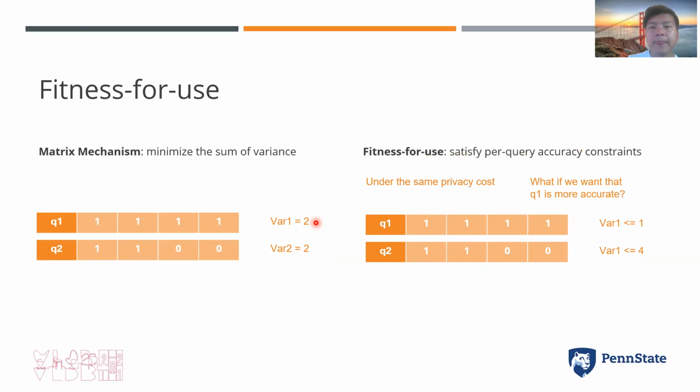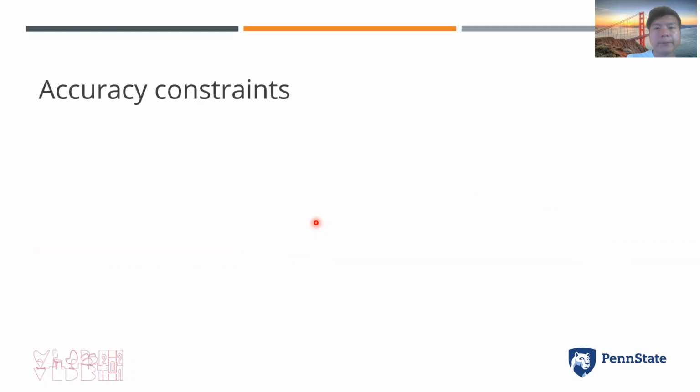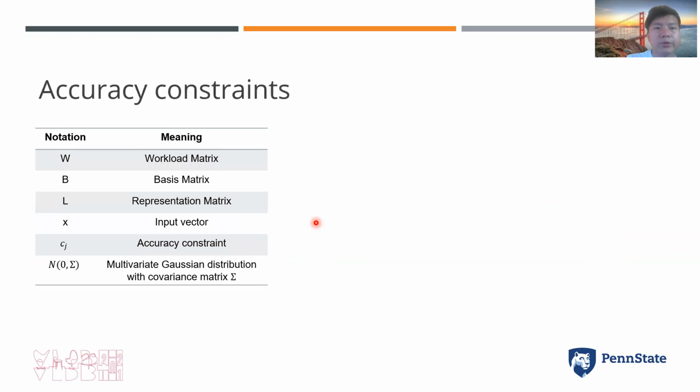So that comes to our fitness for use problem. It will satisfy per-query accuracy constraints. And now the problem is how do we define this accuracy constraint formally? First we have the workload matrix, which can be represented by two matrices. The first is the base matrix, a set of linearly independent queries, and matrix L is the representation matrix.